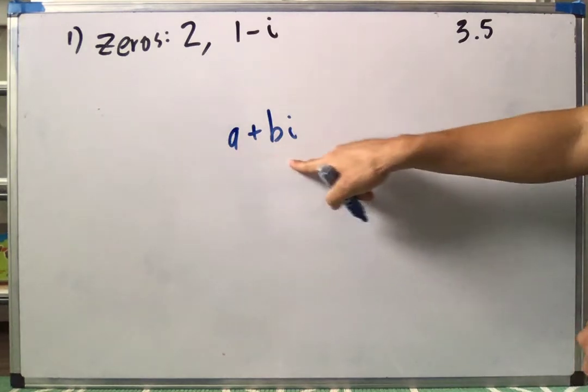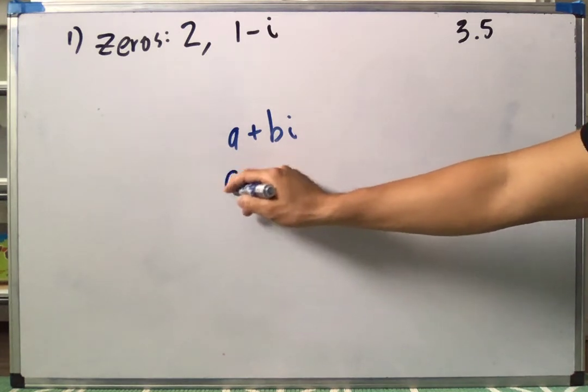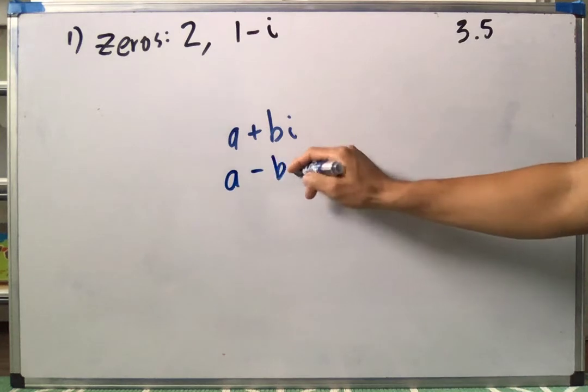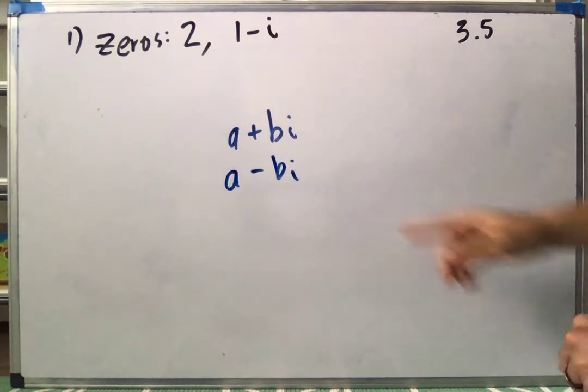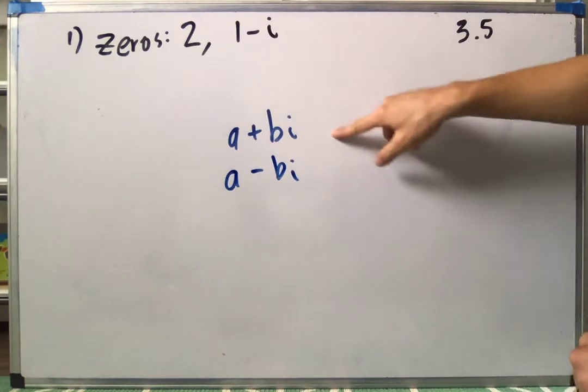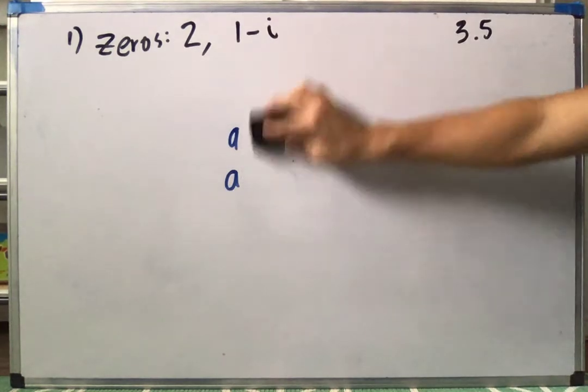So if you have something like this, the conjugate zero theorem says that a minus bi is also a zero if a plus bi is a zero. And vice versa. If this is a zero, then its conjugate is back to the original, so that's also a zero.